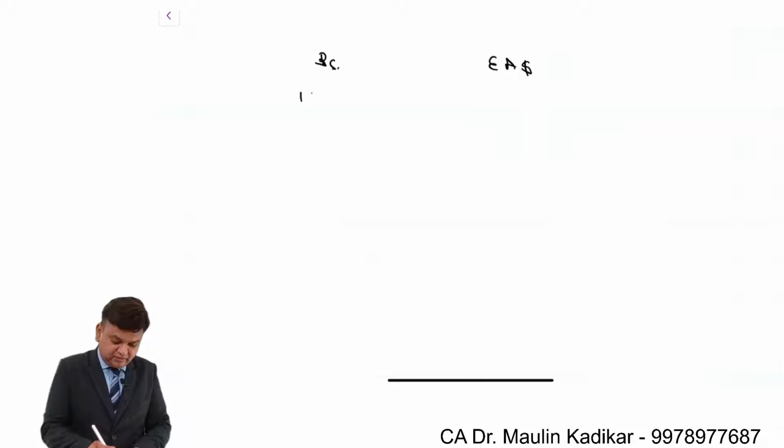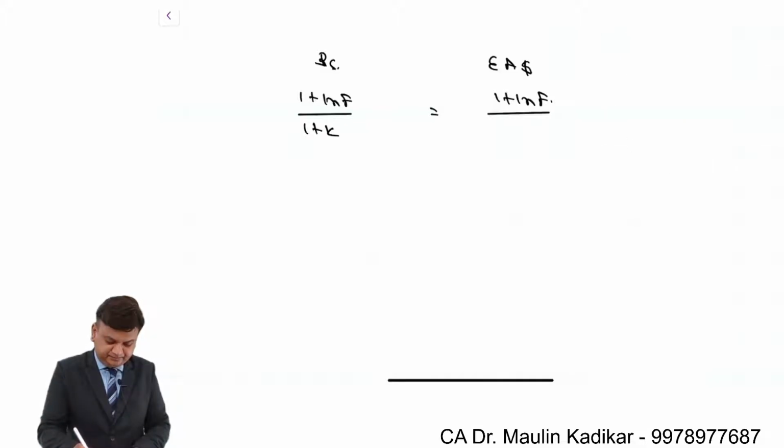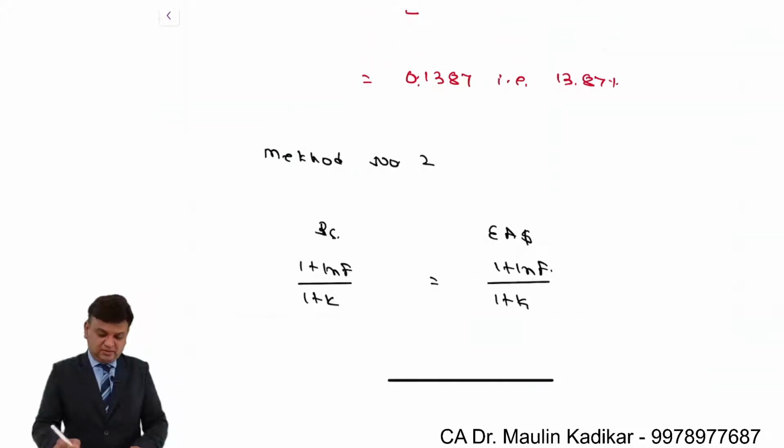So over here, (1 + inflation) divided by (1 + k) is equal to (1 + inflation) divided by (1 + k). This is the way we are required to do the answer.